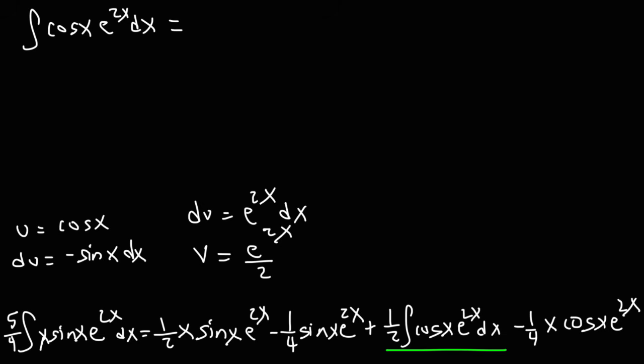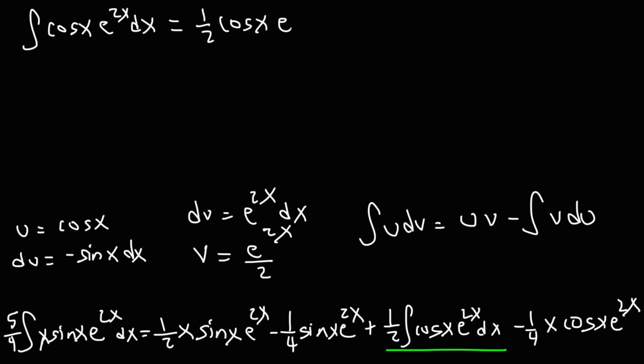So using the formula for a two product term expression, the integral of u dv is uv minus the integral of v du. So u times v, that's going to be 1/2 cosine x e to the 2x minus the integral of v du.